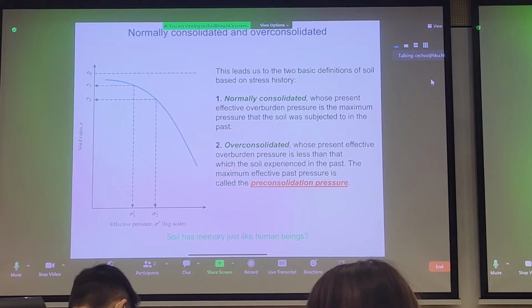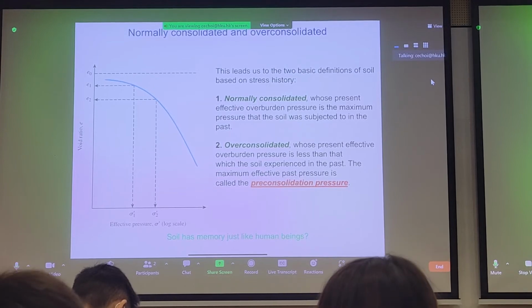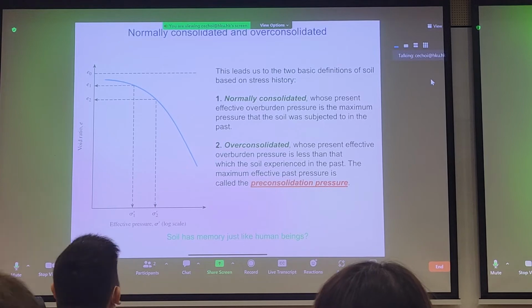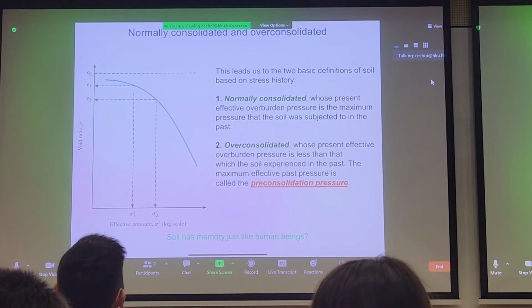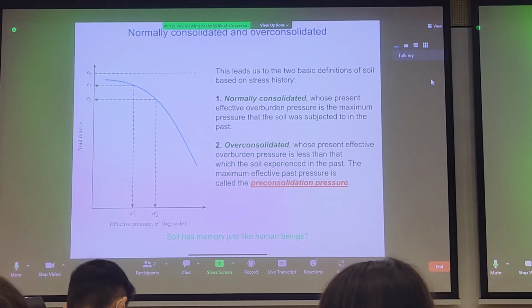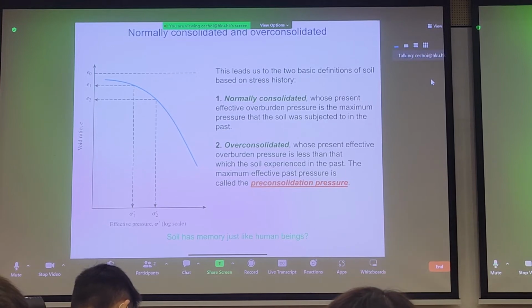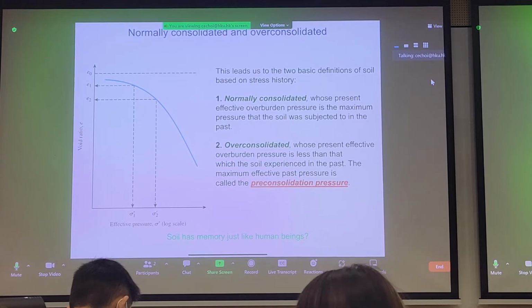So what do these terms really mean? Well, there's also a third term at the bottom in red, pre-consolidation pressure. And we can understand most of these features if we plot void ratio versus logarithmic effective stress. Now, let's talk about the concept of pre-consolidation pressure first. We can treat pre-consolidation pressure as some sort of reference point.